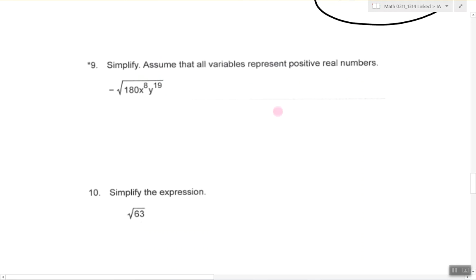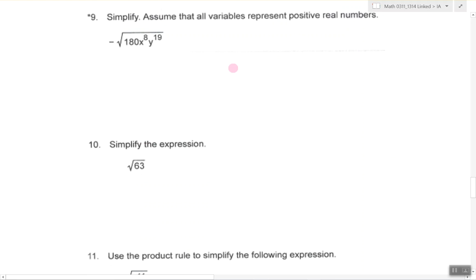All right. Next one. This radical is negative on the outside, and that simply means that I'm going to drag that along with me in the problem, and my answer will have a negative on the outside also. All right, I have to work on 180, and 180 is not a perfect square.